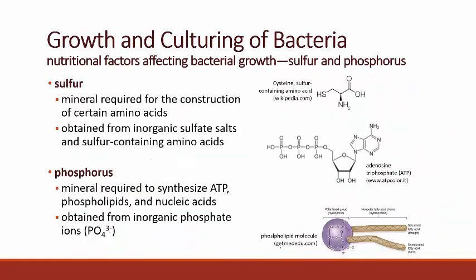How about sulfur and phosphorus? Sulfur is super important because it is found in cysteine, which is an amino acid that is found in a lot of proteins. And cysteine contains a sulfur molecule. So any protein that requires the amino acid cysteine is an example of one that requires sulfur. And we get sulfur, or bacteria get sulfur, from inorganic sulfate salts and from amino acids that contain sulfur.